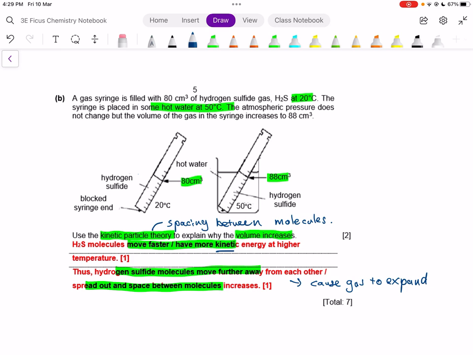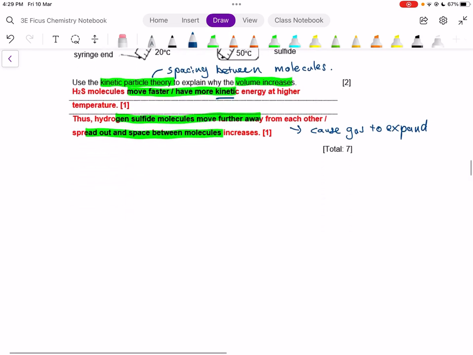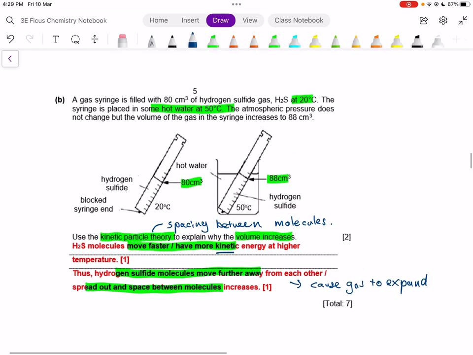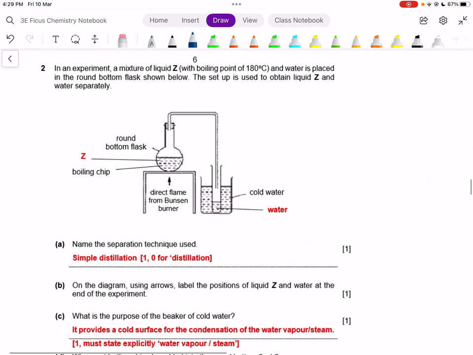Just let me do a quick scan. You must point out which sort of energy. Alright, so the second question over here. This first part I think is quite okay, except maybe one person who wrote fractional.